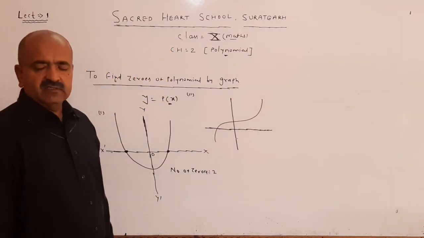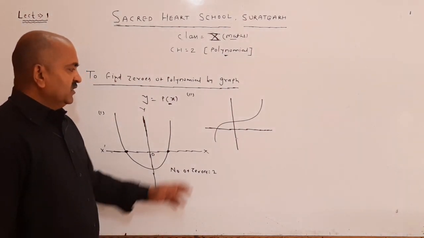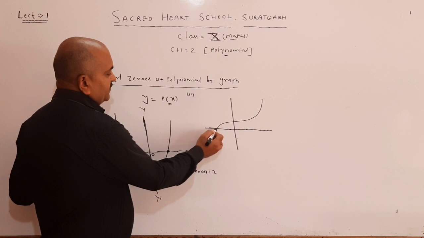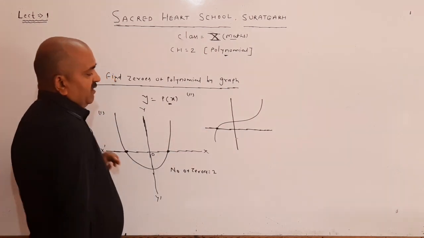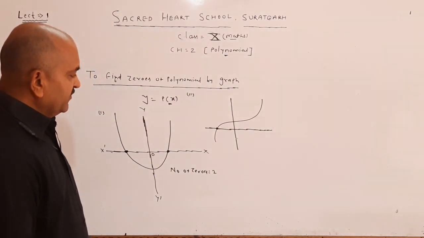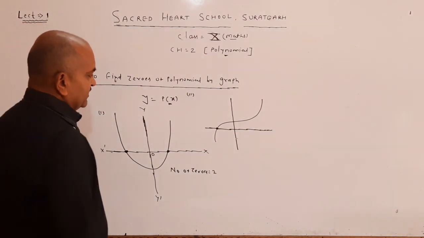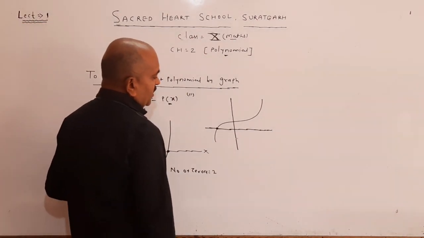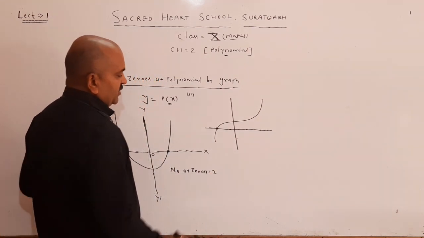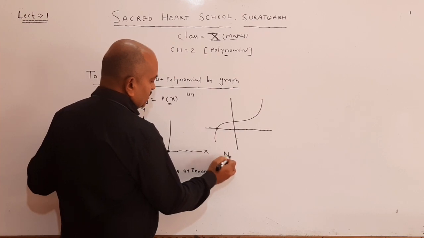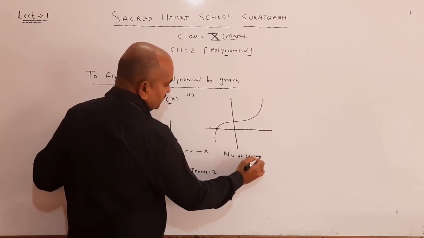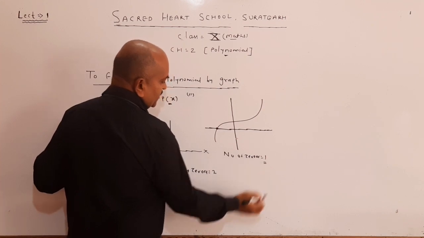This graph intersects the x-axis. How many points? 1 point. So the number of zeros equals 1.